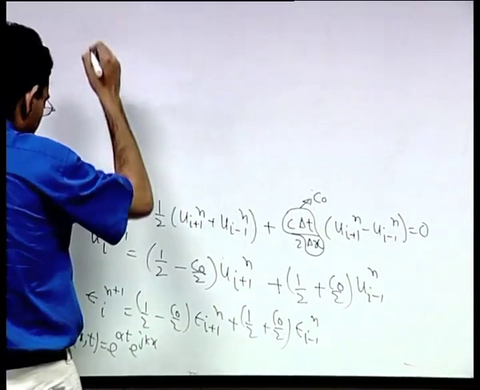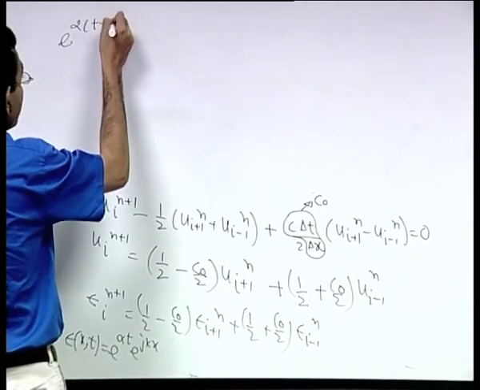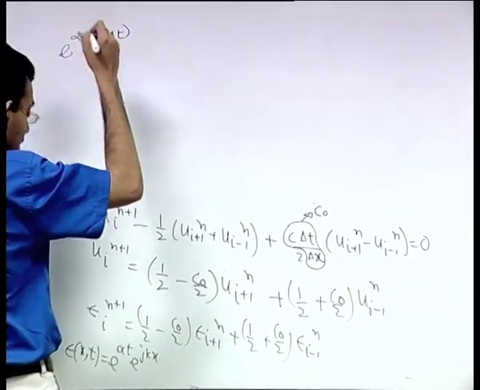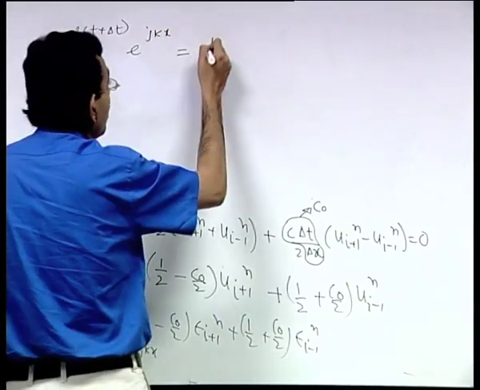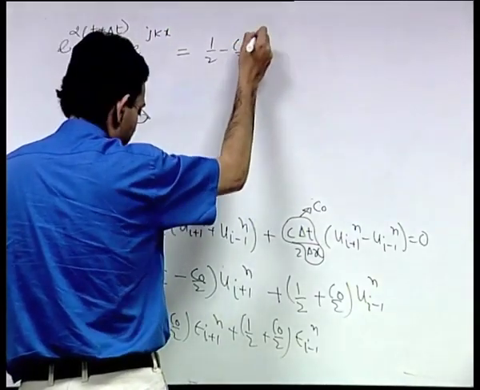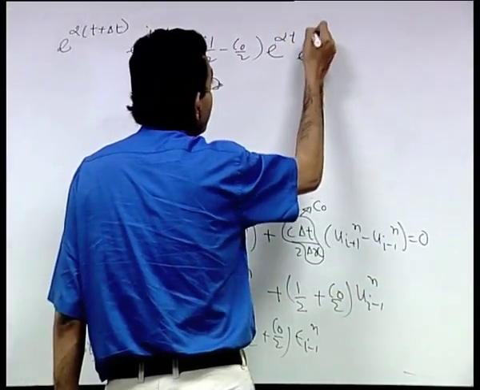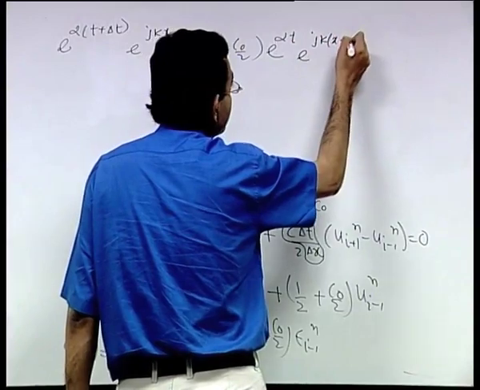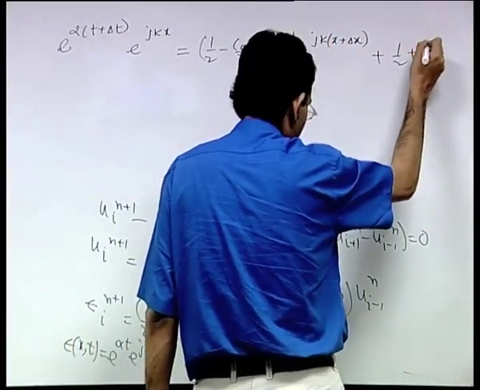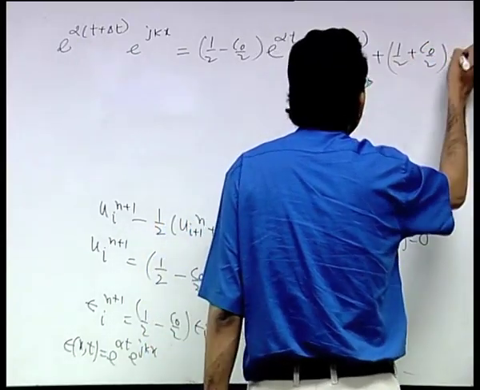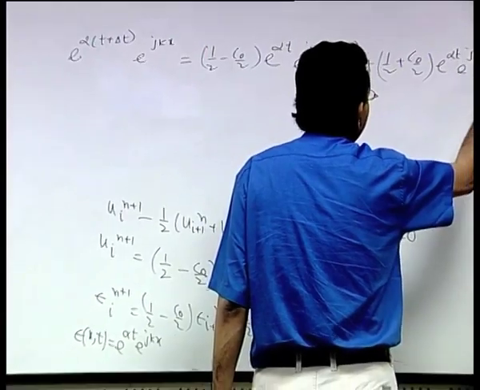So, you have e to the power alpha (t plus delta t), we are doing it for the left hand side, into e to the power j k x is equal to (half minus Courant number by 2) e to the power alpha t e to the power j k (x plus delta x) plus (half plus Courant number by 2) e to the power alpha t into e to the power j k (x minus delta x).